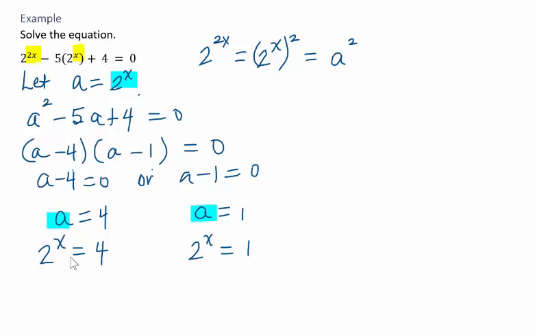Because these are easy enough to compute in our heads, we can do that. If not, you could use a logarithm to solve. This is x equals 2, and then the second is x equals 0. So altogether, we have x equals 0 or 2 as the solutions to the original equation.